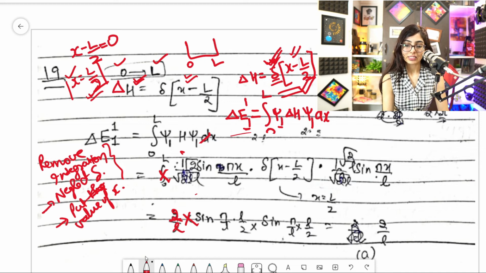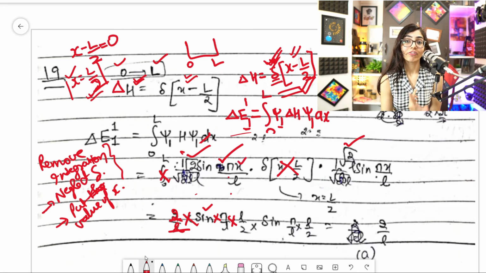I'm not taking this part, so I'm crossing it. So I have taken 2 by L. Now I'm taking this part, which is sine into pi by L into x. The value of x which I found out was L by 2, so instead of x, I'm putting L by 2.